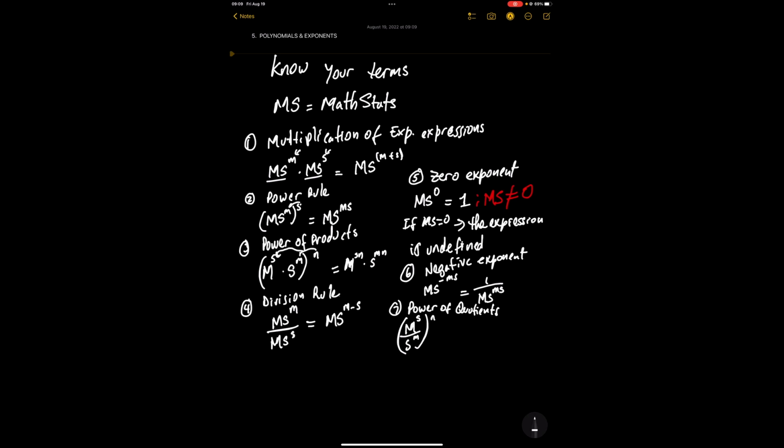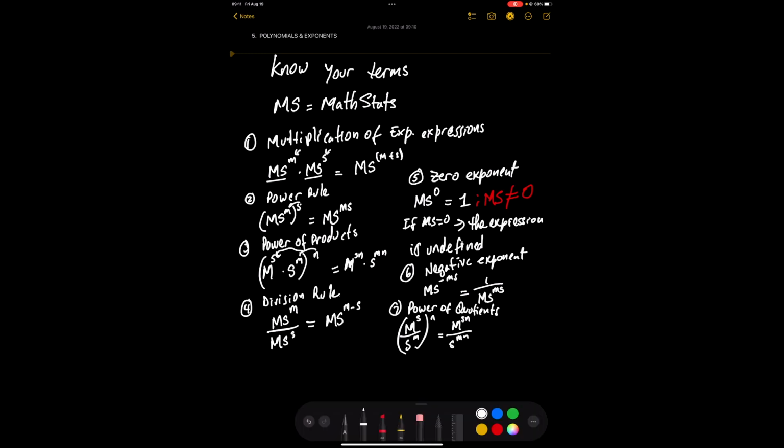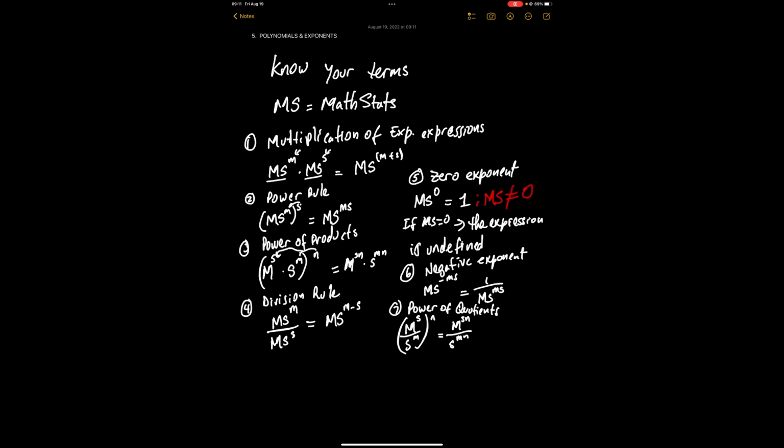In this case, you do the same distributive formula, so that gives you m to the power of sn over s to the power of mn. The power of quotient is basically the power of product, but in a division format. That's rule number 7.